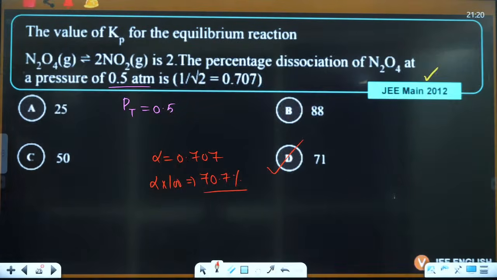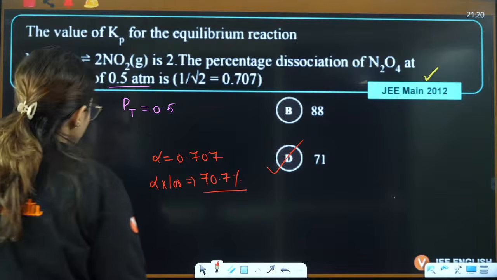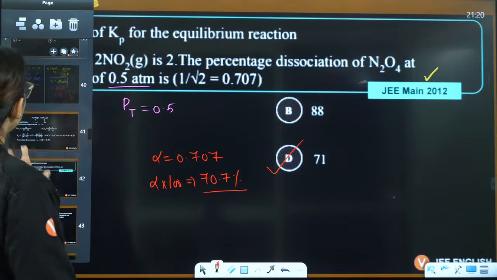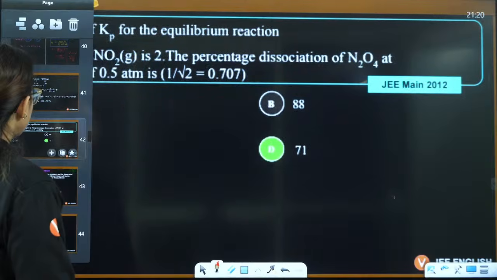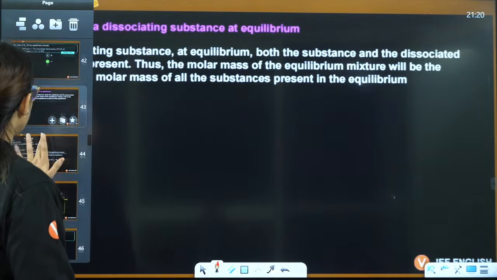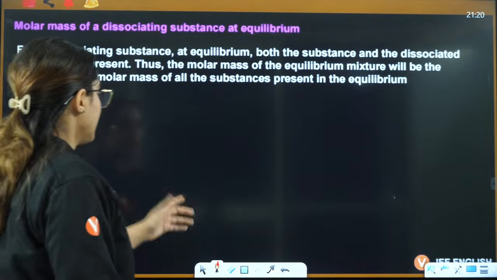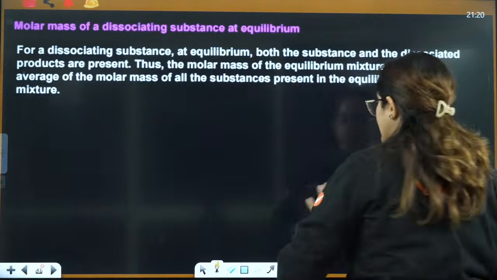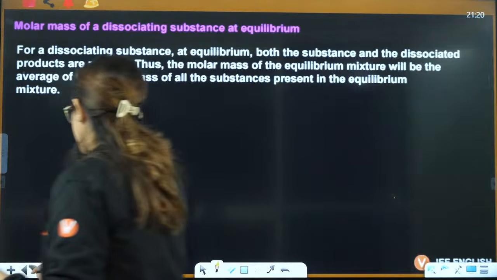Yes, everybody, tell me, is that clear? Kc though we were not even finding. Next category. Tell me if degree of dissociation questions are clear.